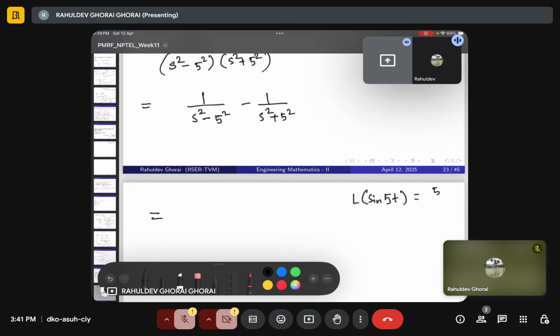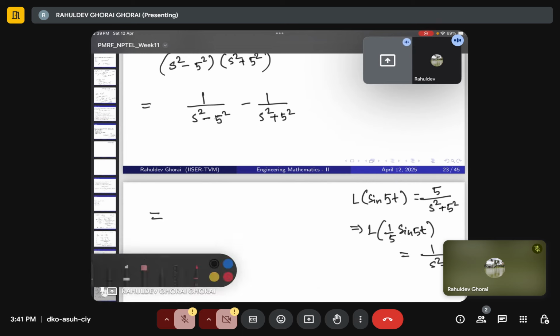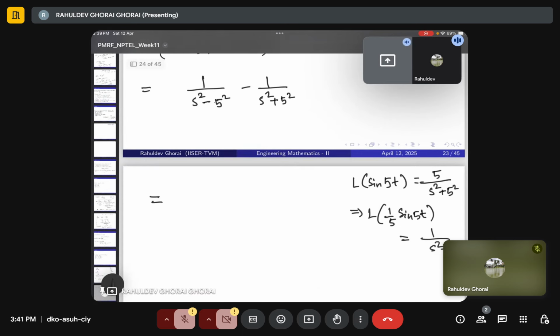So it will be 5 over s square plus 5 square, right? So that implies L of 1 over 5 sine 5t will be 1 over s square plus 5 square. So one thing we know. This one, 1 over s square minus 5 square, we are still yet to do. What is that? Minus L of 1 over 5 sine 5t.